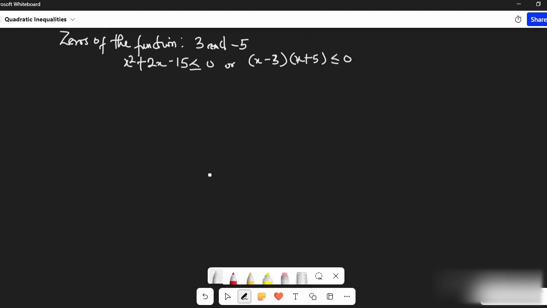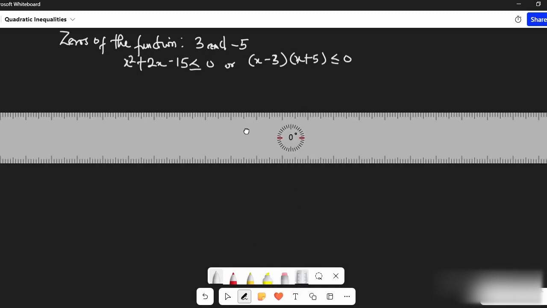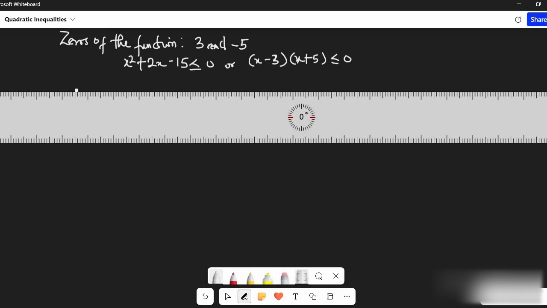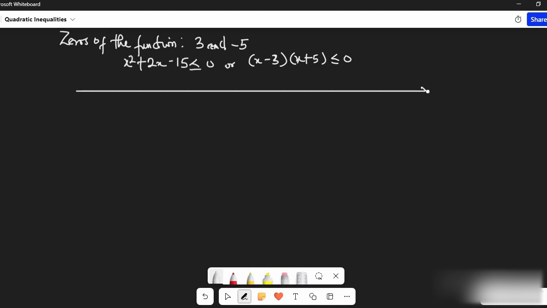So how do we do this? Now let's draw our number line. So we have a line here. This is x, and then we can have our 0 here in the middle, and then we have 3, say somewhere here, and we have minus 5 somewhere here.